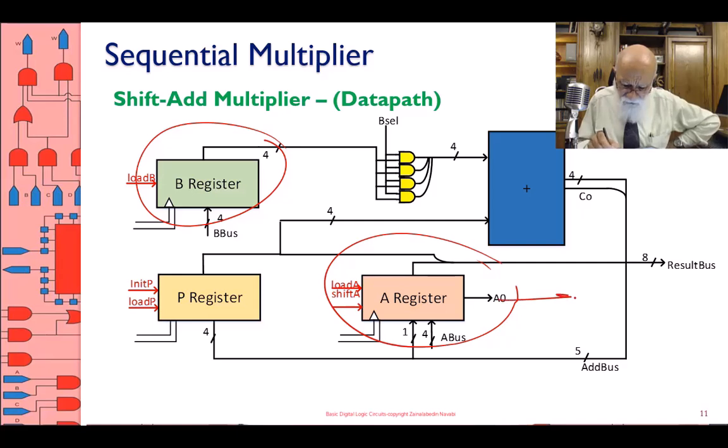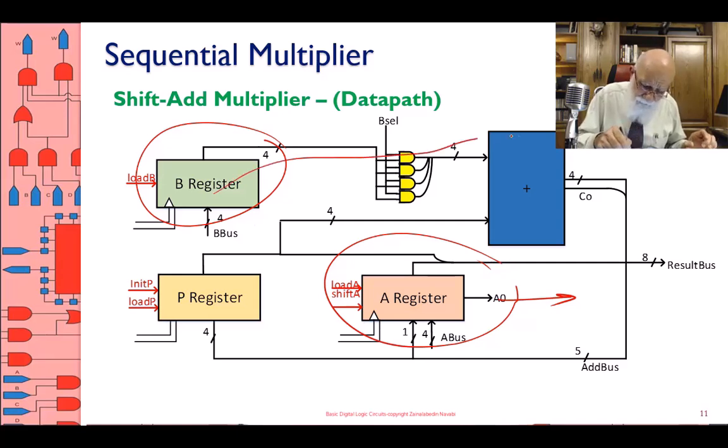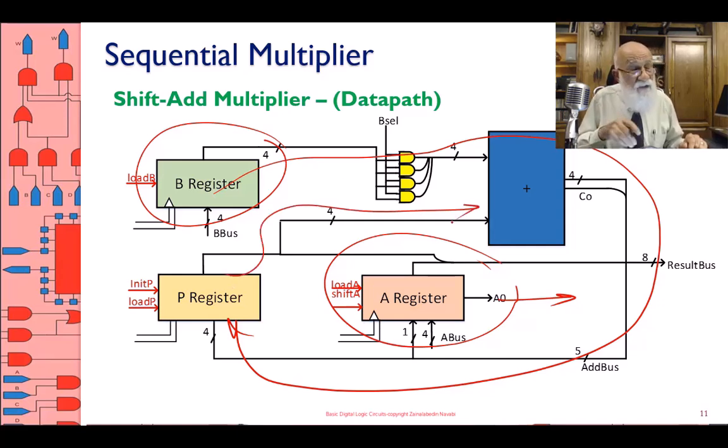The A register, I look at the least significant bit of it each time I shift, so that I know whether the rightmost bit is 0 or 1. As I look at that bit, I will be either adding B to the partial product or just shifting the partial product to the right.